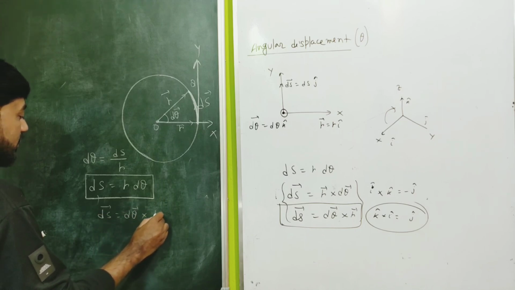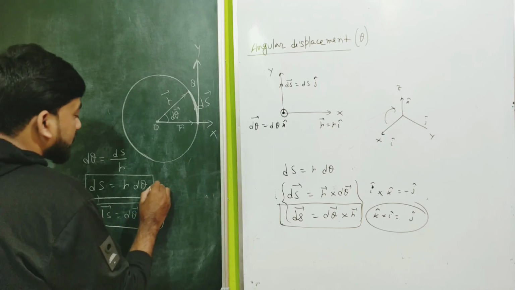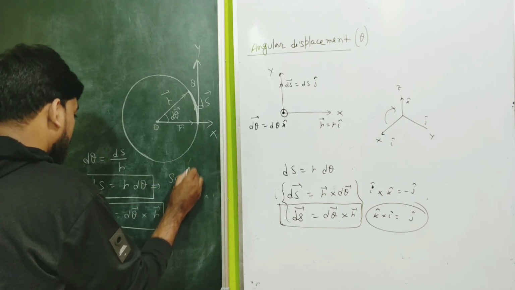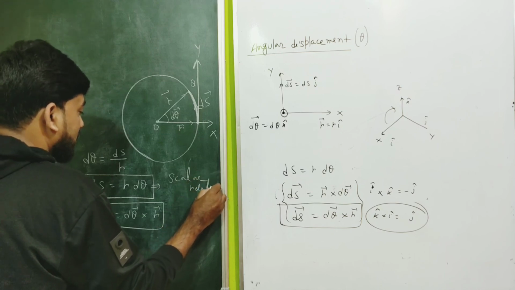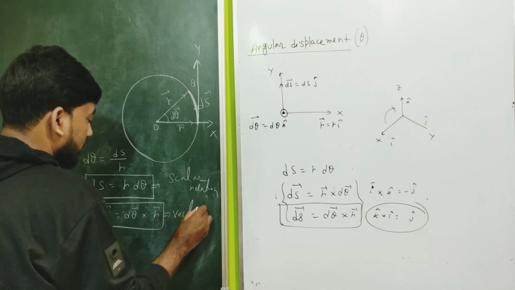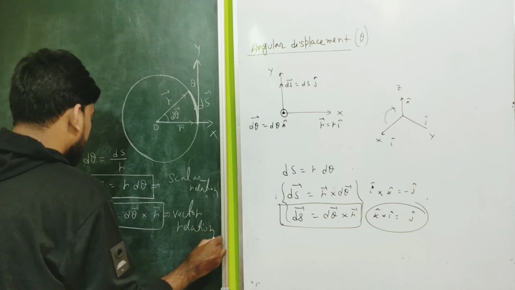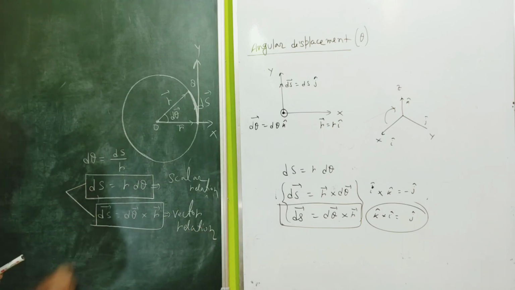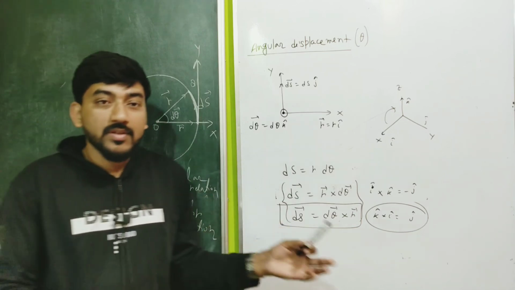So please remember these two relations, one is the scalar relation and another is the vector relation. Please keep these two relations in mind, because you will use them again and again in further topics when we talk about angular velocity and angular acceleration.